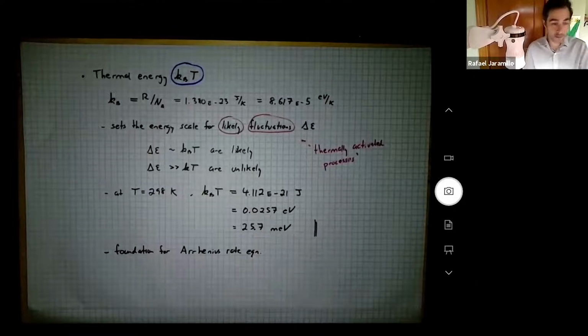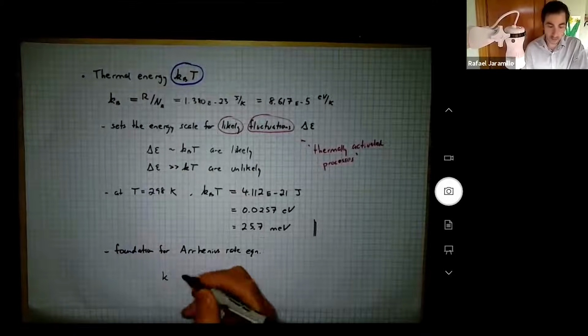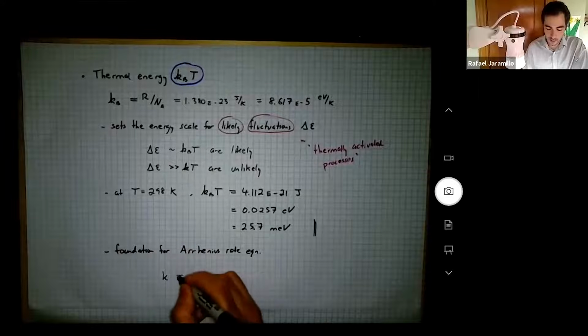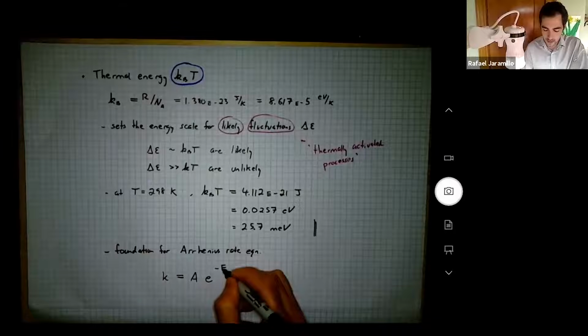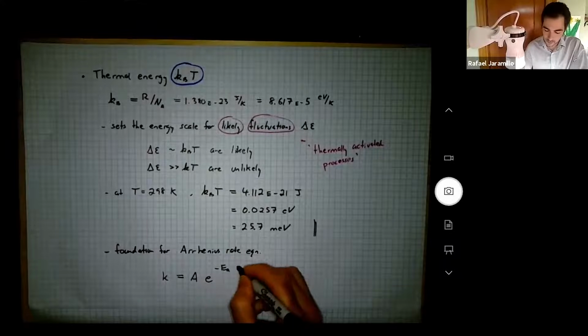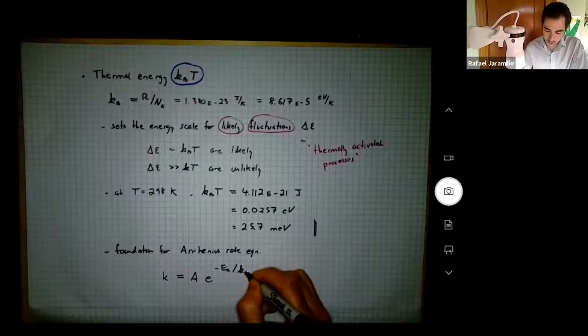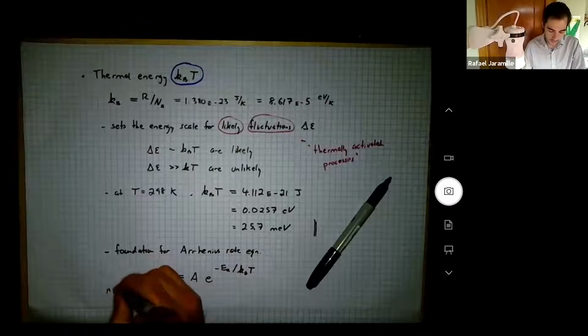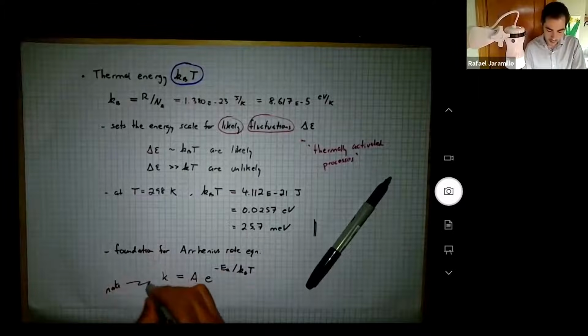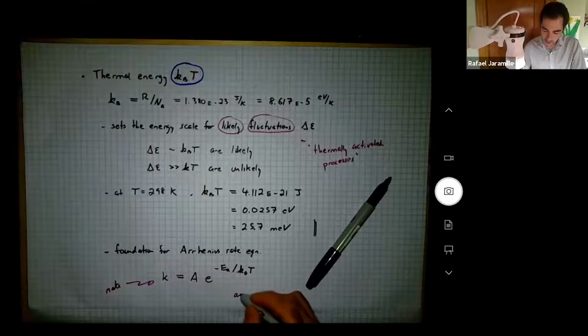Right, the Arrhenius rate equation, and I'm going to use the notation from a chemistry class here. A rate k equals a prefactor times e to the minus activation energy divided by Boltzmann's constant times temperature. Right, now this is a rate, this is an activation energy.